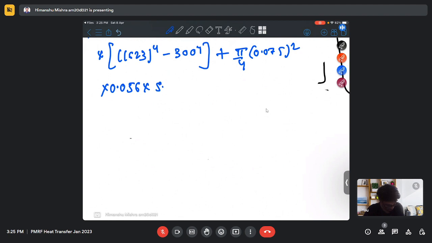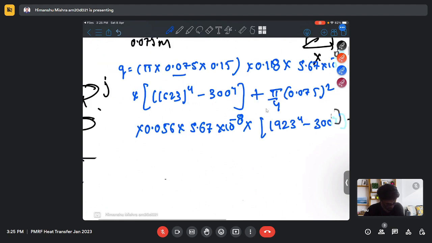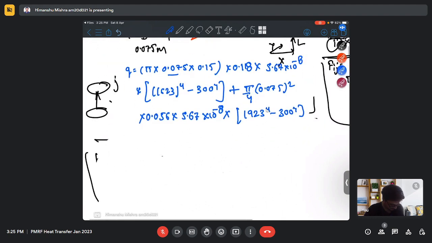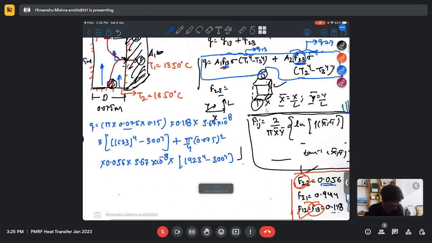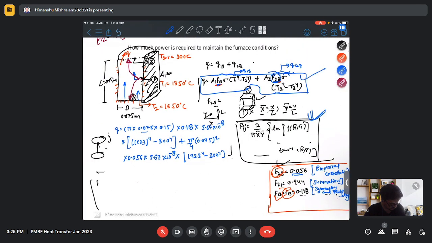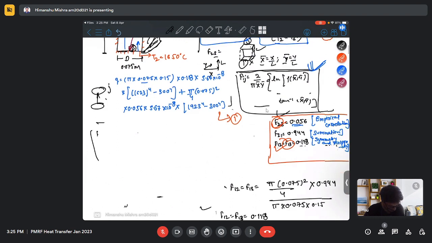This is my Stefan-Boltzmann law, and my temperature in Kelvin. So this is my total heat transfer equation, equation 1, where all the values are plugged in.